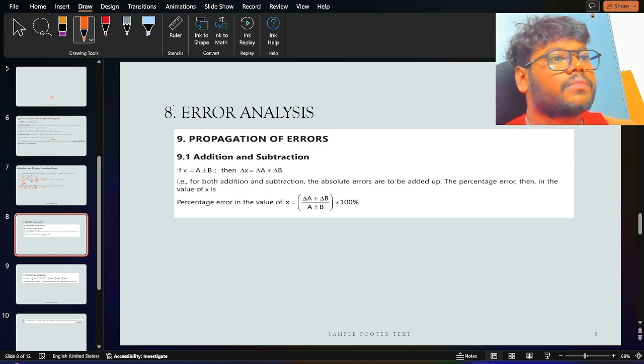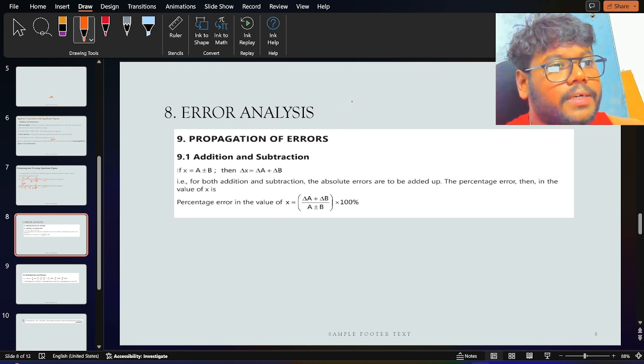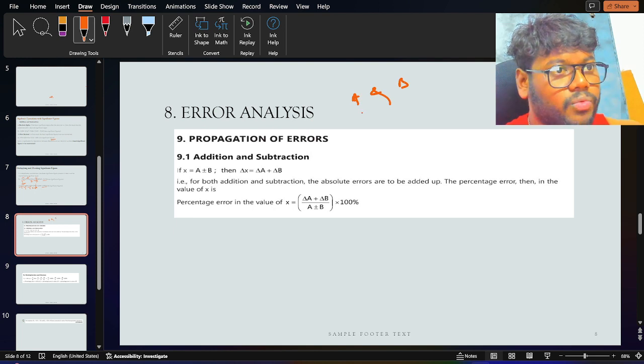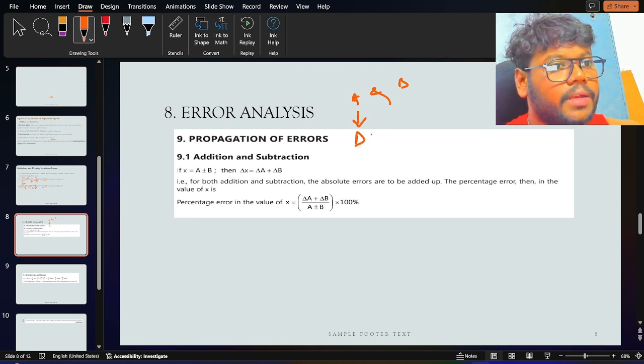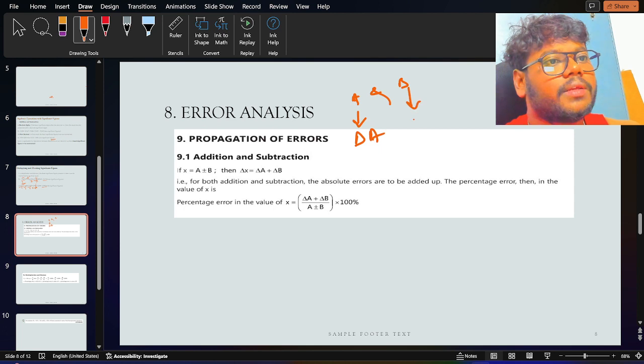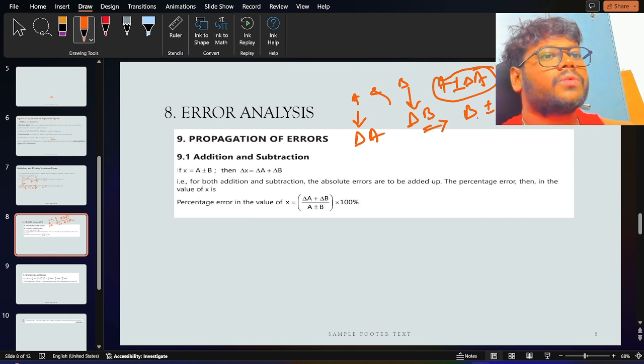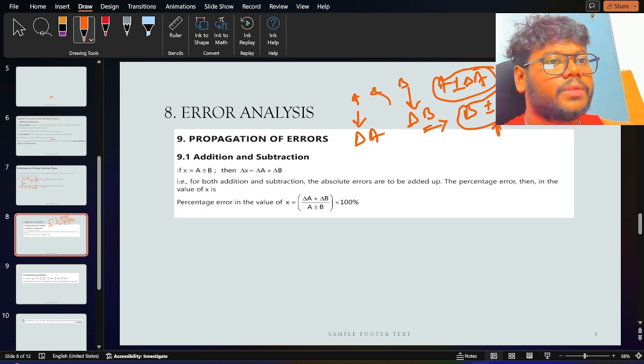Now, see, if there are two quantities A and B, and we have error in A as delta A and error in B as delta B, we represent them as A plus or minus delta A, and similarly B plus or minus delta B. This is how we generally present a physical quantity with error.